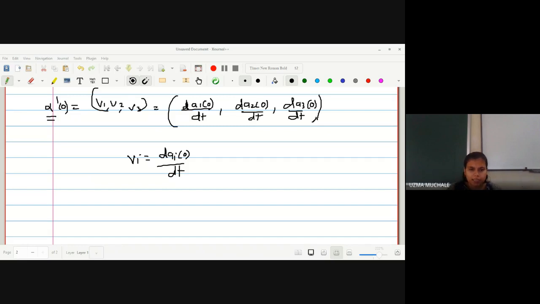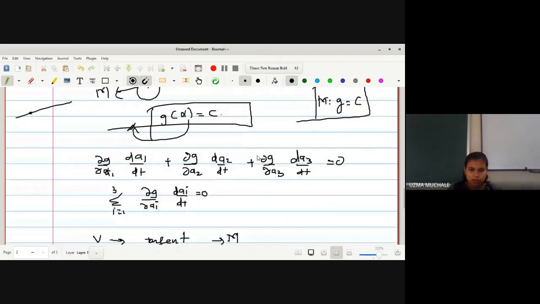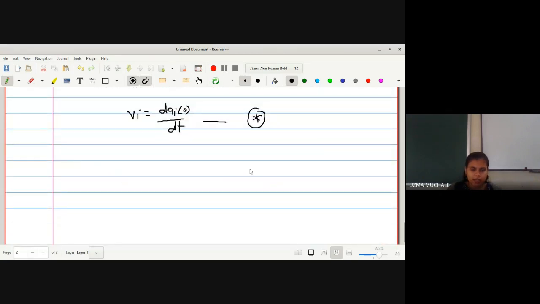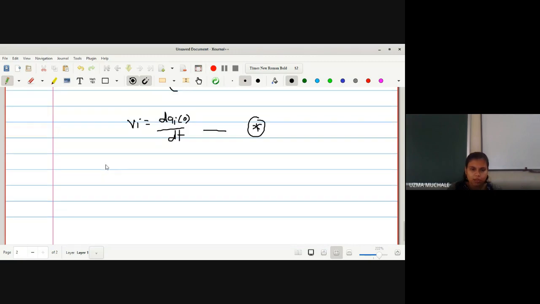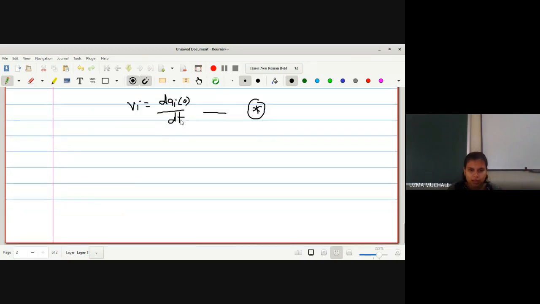Now I can replace this in our above equation. So the value of this I can substitute. This equation star I can substitute in this equation, which is equation 1. So using equation star in equation 1 at p equal to 0, dai by dt, this you have to replace.